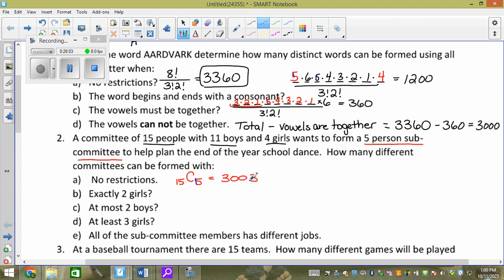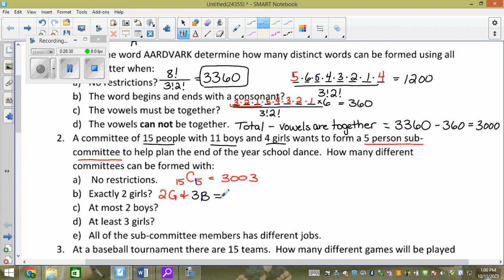The next one says exactly 2 girls. What's that indirectly telling you? 2 girls and what? 3 boys. Why is it 3 boys? That's 5. We're making a 5-person subcommittee, so you need to have 5 people.